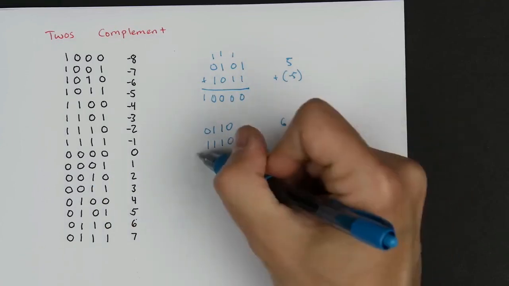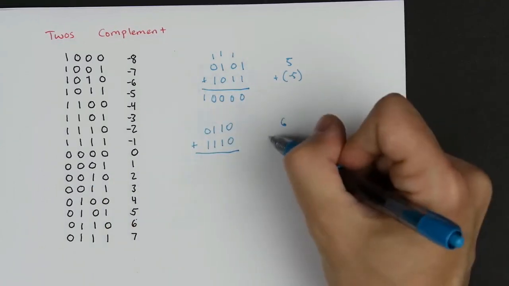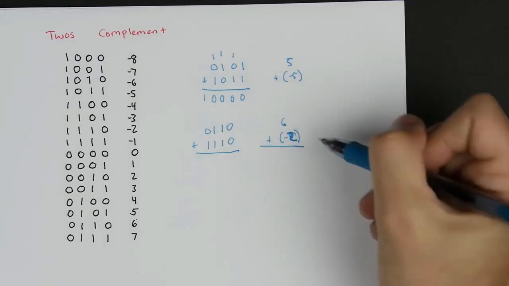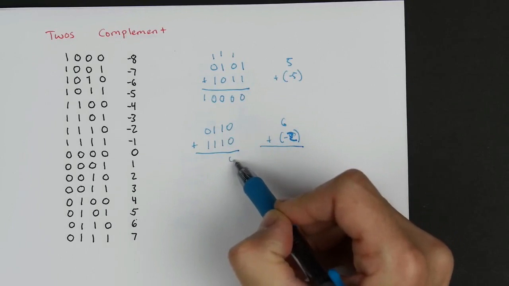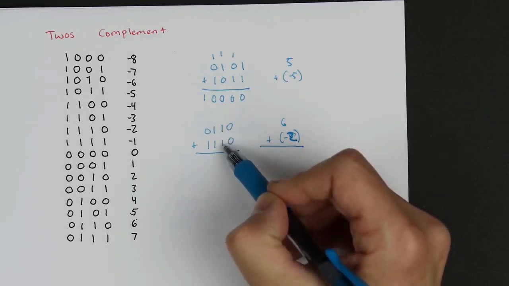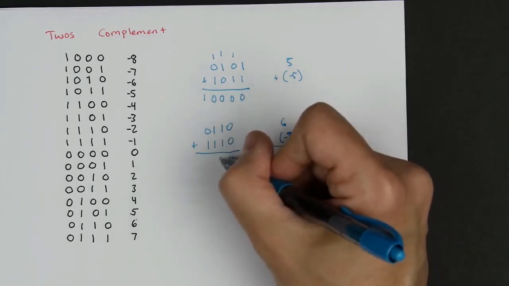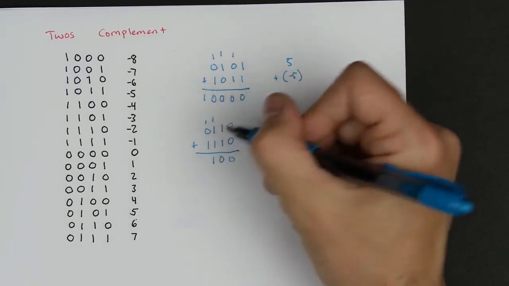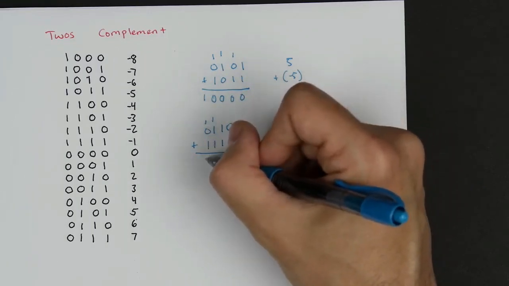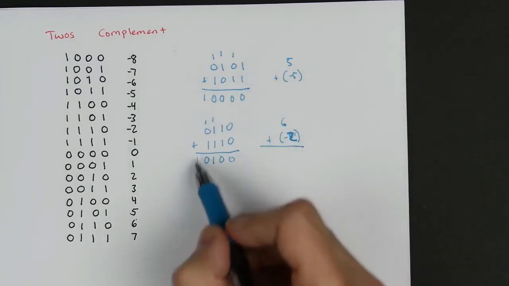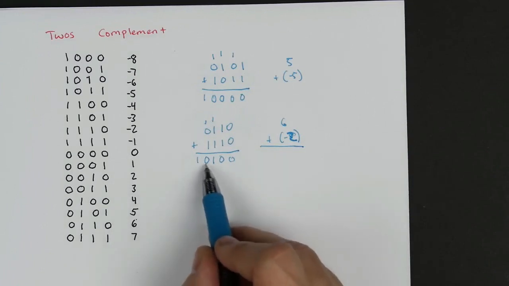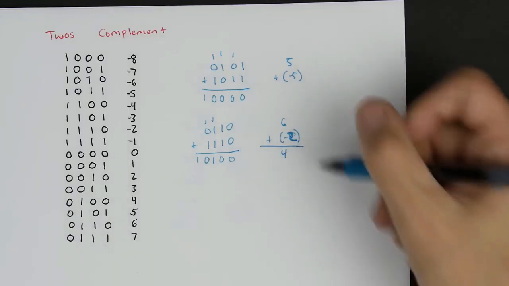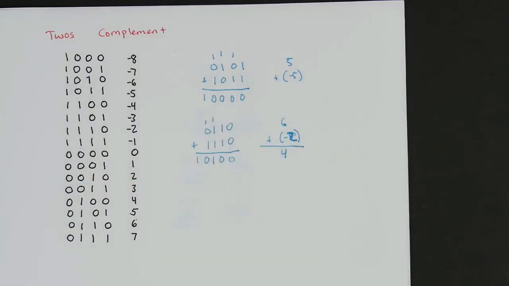If we add these together, 0 plus 0 is 0. 1 plus 1 is 2, so we'll put a 0 and carry the 1. 1 plus 1 plus 1 is 3, so that's a 1 and carry a 1. And 1 plus 1 is 2, so 0 and carry a 1. And again, we ignore that 5th bit there. So 0, 1, 0, 0 is 4. And sure enough, 6 minus 2 should be equal to 4. So this 2's complement works pretty well.